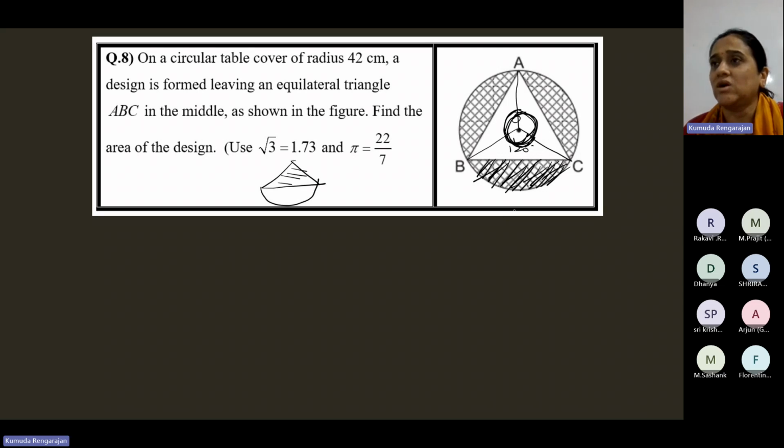Find the area of the triangle. The difference will give you the area of the segment. Now this answer into 3 will give you the area of the design. Correct?